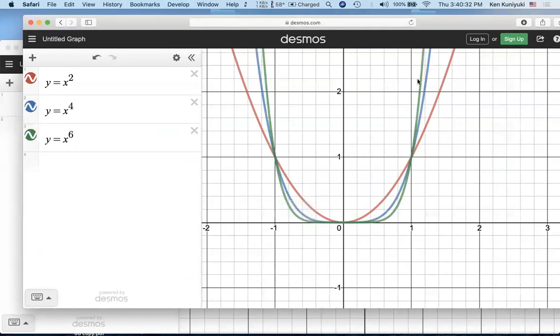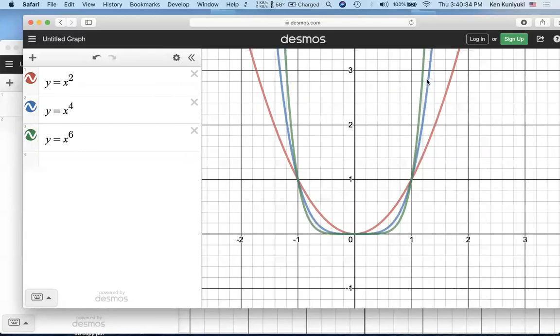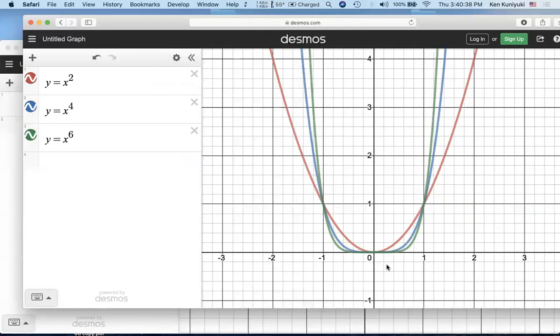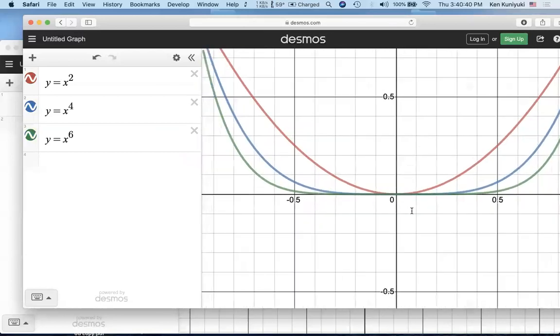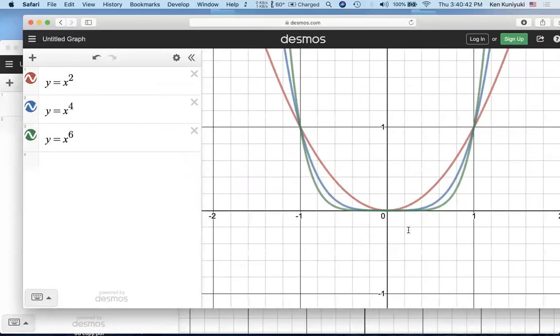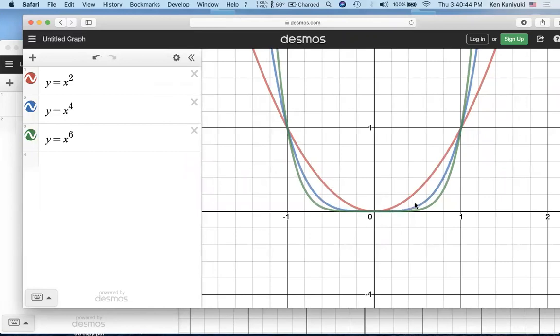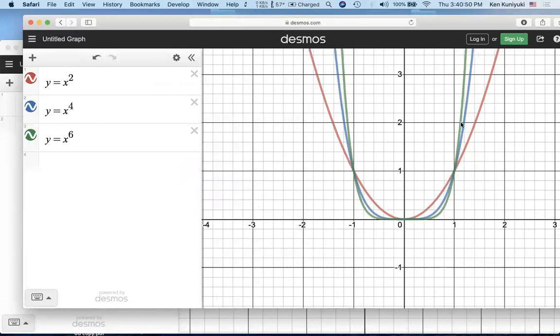In green, it's steeper out here for values of x far from 0, but for values of x strictly between 0 and 1, maybe excluding 0, the green graph is below both the red graph and the blue graph. So again, the y equals x to the 6th graph in green is steeper out here, far away from x equals 0, but it's flatter over here, close to the origin.